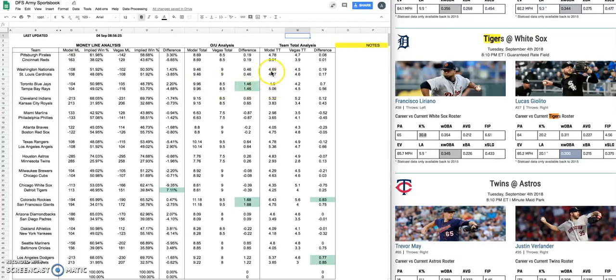Well, then we could segue into the team total analysis, where the model's got team totals and Vegas has team totals. I really like to write down the top 5 model team totals for a particular slate, put the Vegas team total next to them, and just compare them. We've got Tampa Bay here at 5.06, where Vegas has them at 5.4.